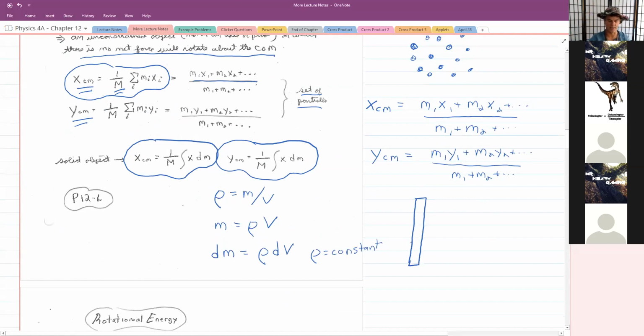If you've had math, an axis of symmetry is basically, if you look, it looks exactly the same on one side of the axis as the other. So for a solid object here, I would have an axis of symmetry right through the center, another axis of symmetry through the center here. So if this had a uniform density, meaning one part wasn't any more dense than the other, then this would be the center of mass.